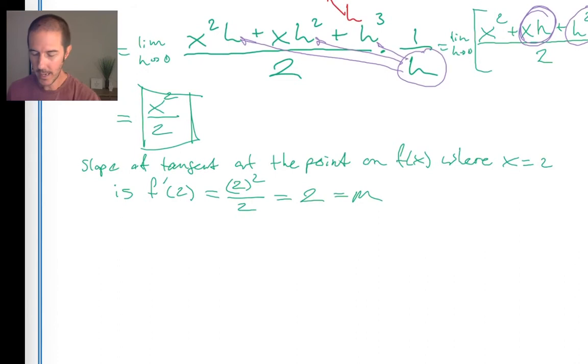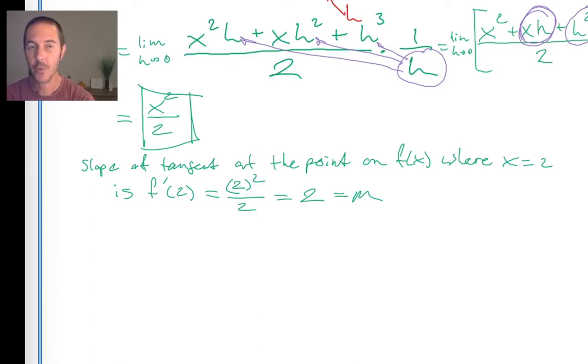Or sorry, we need to find the equation of the tangent line. And we're going to do that using point-slope form. Do we know what the slope of the tangent line is? Yes, we just calculated that. It's 2. Do we know the coordinates of the point on the curve where we're going to be drawing this tangent line? And the answer is no, not totally.